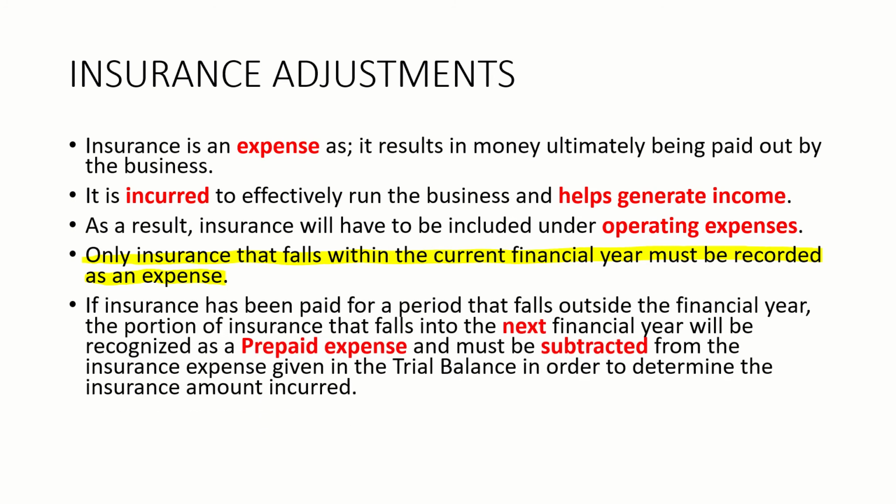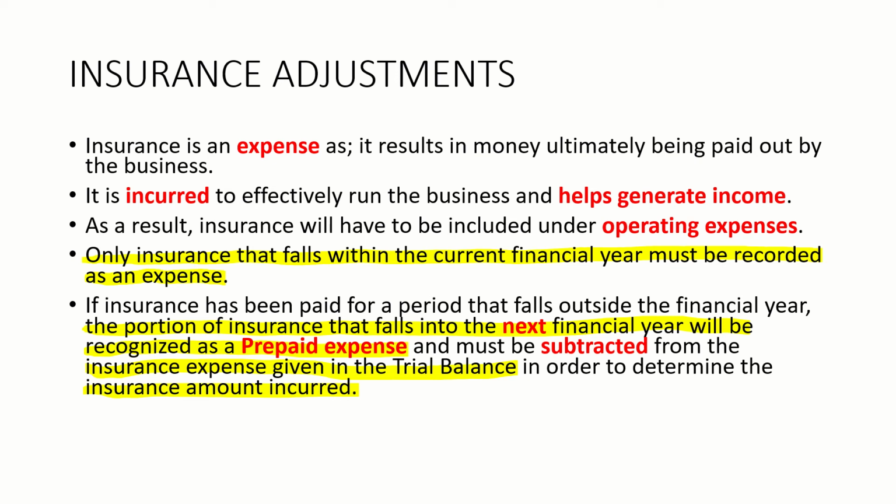If insurance has been paid for a period that falls outside the financial year, the portion of insurance that falls into the next financial year must be recorded as prepaid expense, and must be subtracted from the insurance expense given in the trial balance in order to determine the insurance amount that has been incurred.